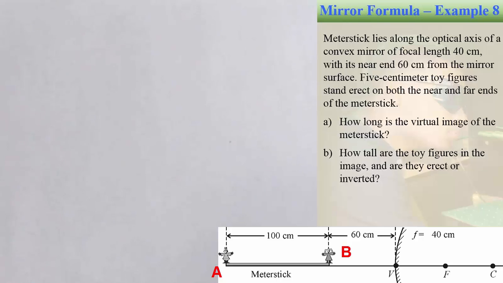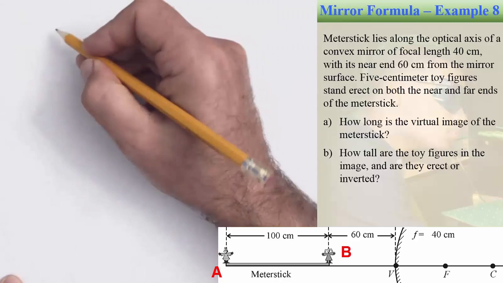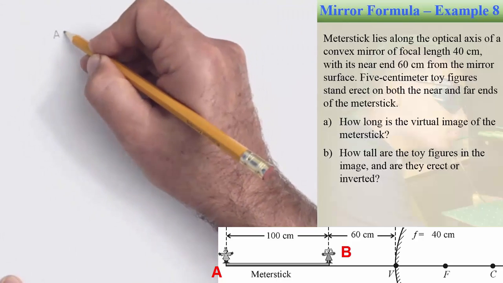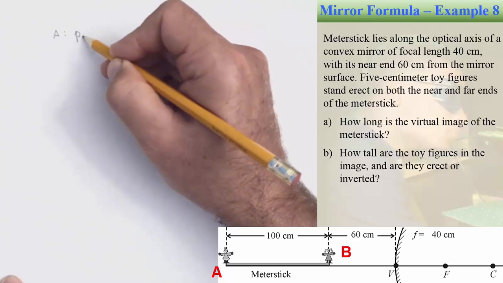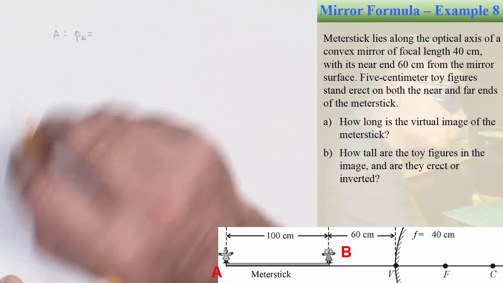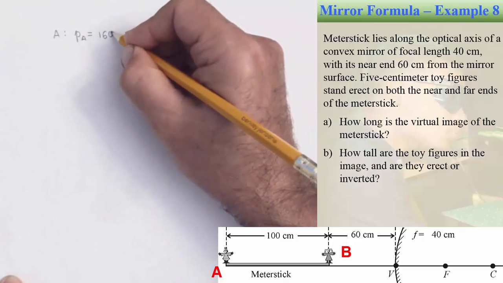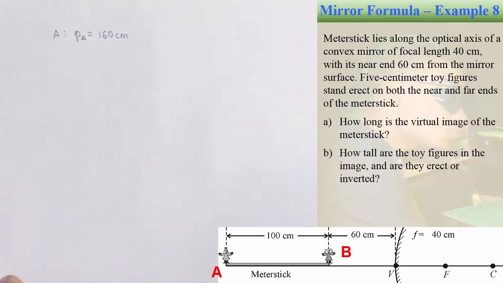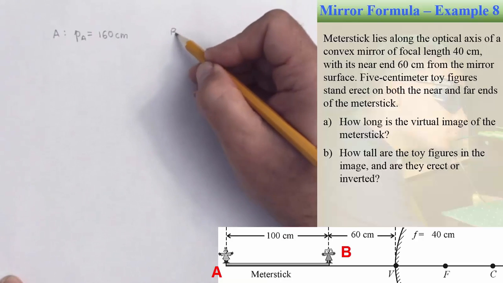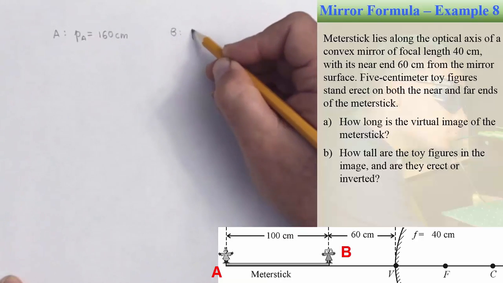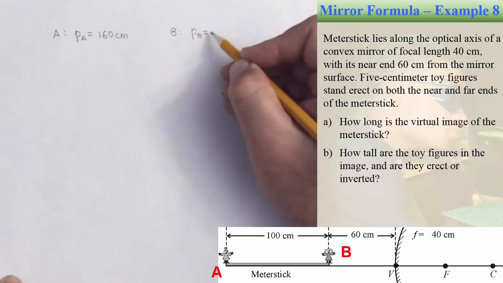For toy figure A, the distance from the mirror is 100 plus 60 centimeters, which is 160 centimeters. And for toy figure B, the distance is 60 centimeters.